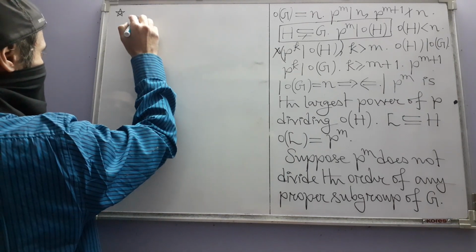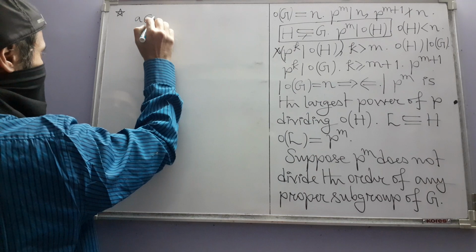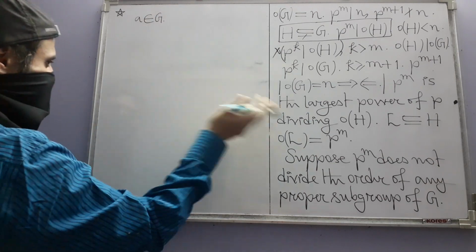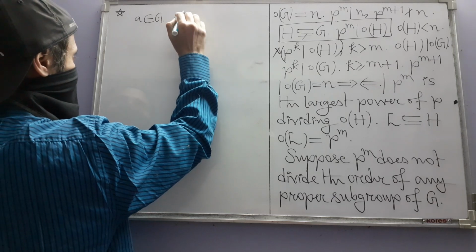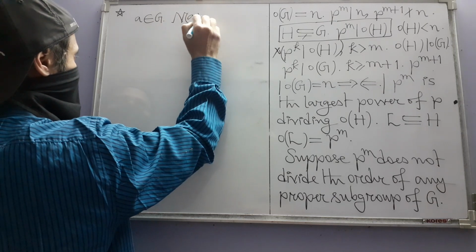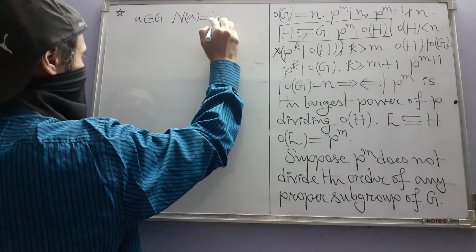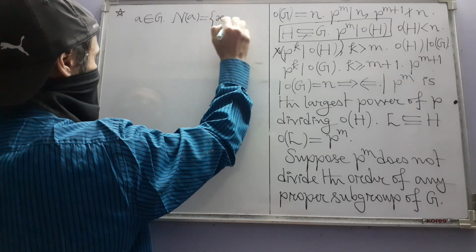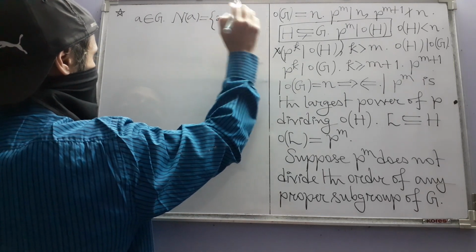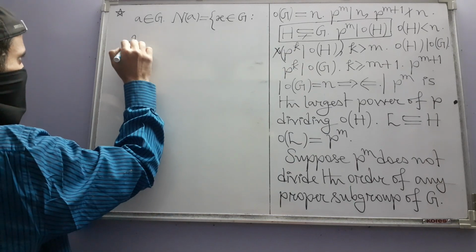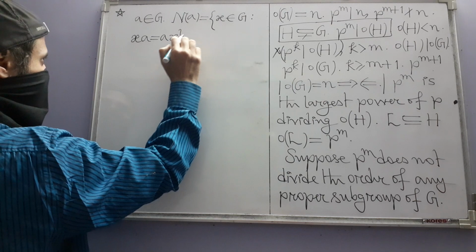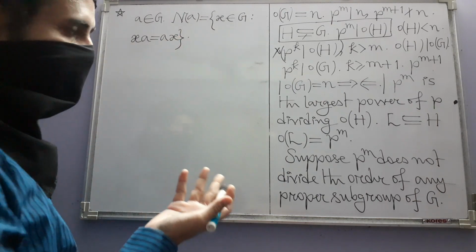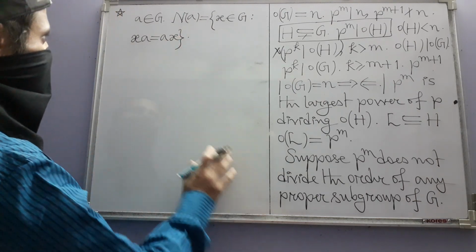Suppose you have an element A in G. Now you consider the normalizer of A. By definition, it is the set of those elements in G that commute with A. We already know that these are subgroups.